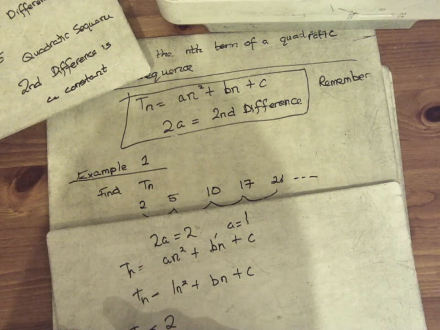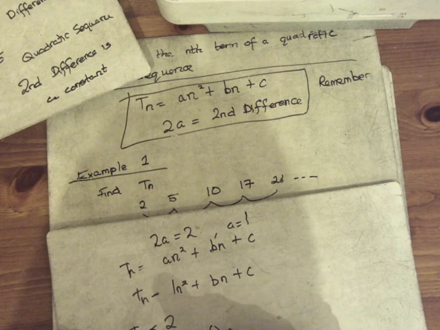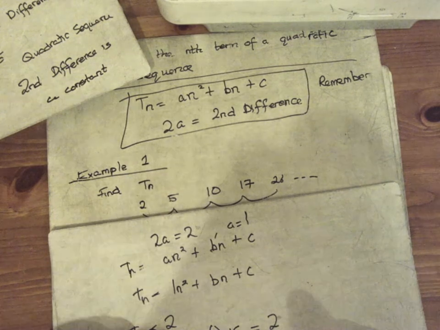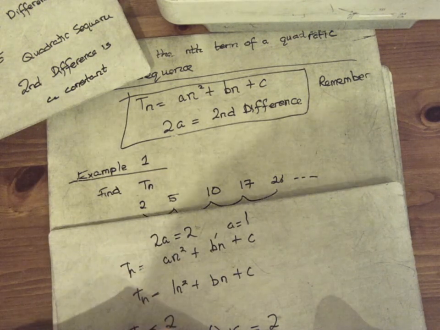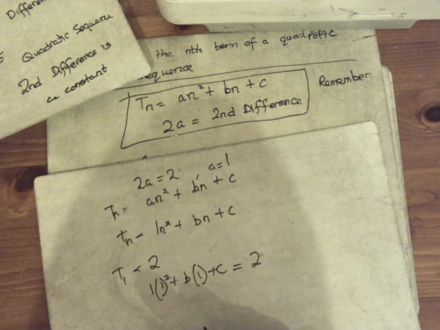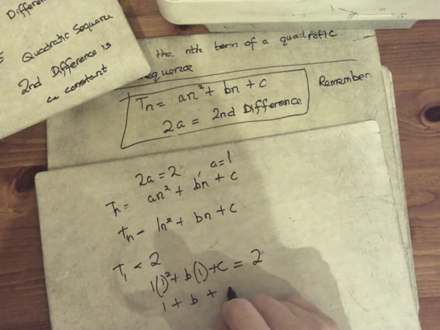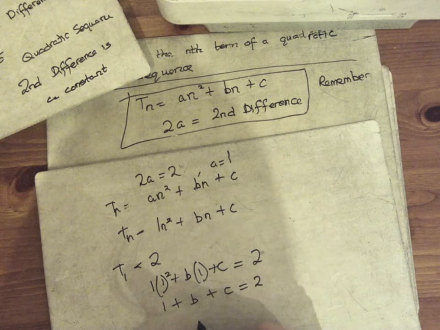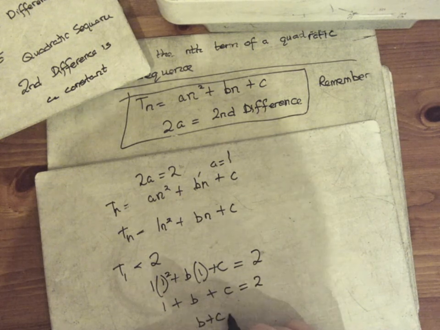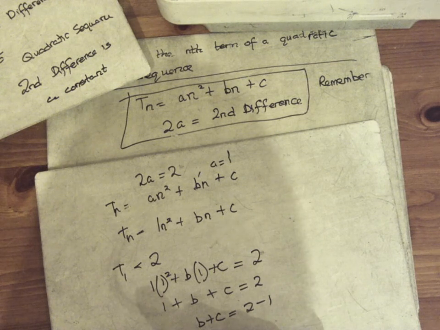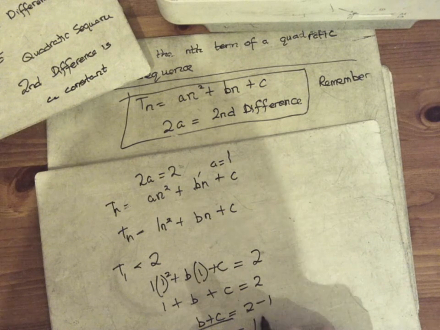So it's 1 times 1 squared plus b times 1 plus c, and I know when I work all that out the answer is going to be 2, because that's what term number 1 is. So multiplying that out, that's 1 plus b plus c equals 2. So b plus c equals 2 minus 1, so b plus c equals 1, and that's as far as I can go with that.